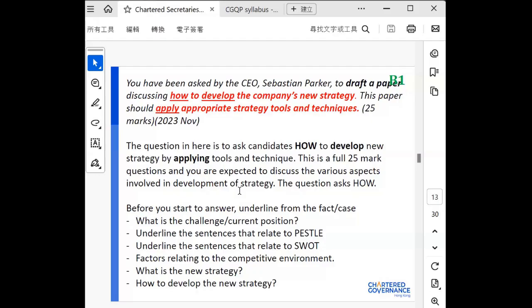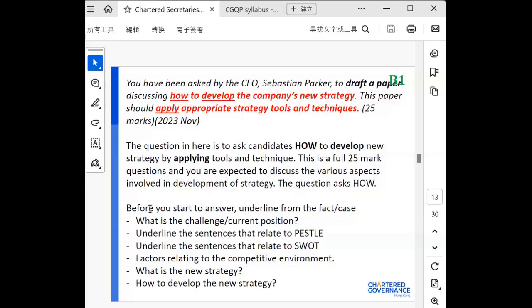They asked you to apply the appropriate strategic tools, so PESTEL and SWOT. You look at the factors relating to the competitive environment, what the new strategies are, and how to develop a new strategy. So there should be quite a number of things in here.